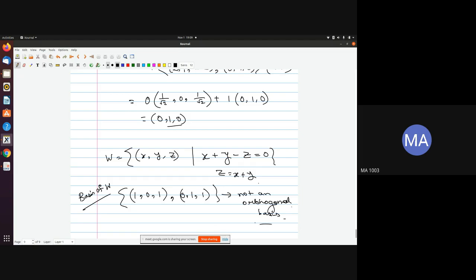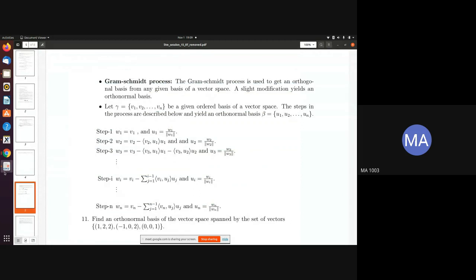But the Gram-Schmidt method gives us the opportunity to find, from this basis itself, a basis which will be orthogonal. That is what the Gram-Schmidt method does. The process is pretty simple here. Keep the first vector as it is. We are not changing it. Keep the first vector as V1.